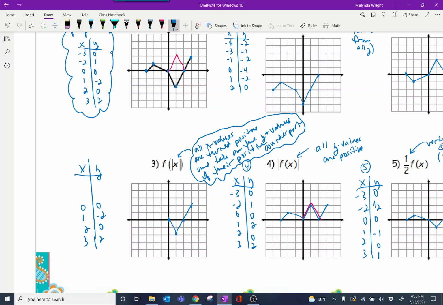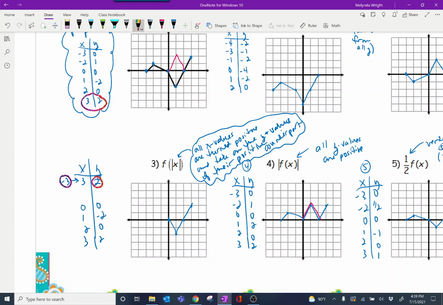So on our first example, our first point, it was a -3, right? But the -3 is going to be turned into a 3. That's what's going to happen because of the absolute value. So we have to look up here at this chart and see what the +3 mapped to. Well, the +3 was mapped to a 2. So the point that I'm going to graph is -3, 2.